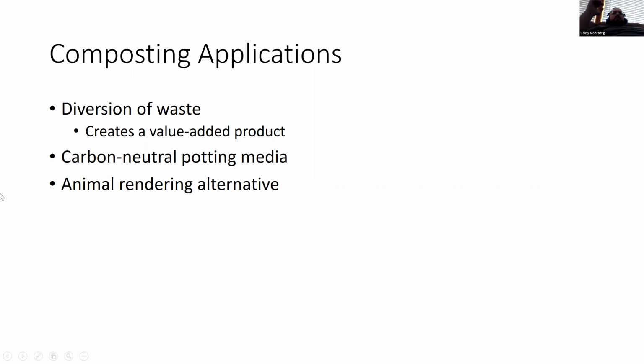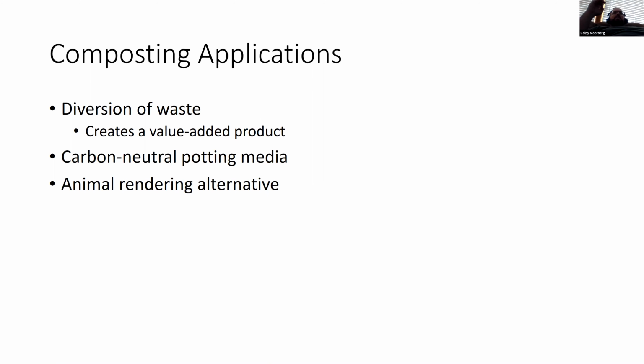Now, from an animal production standpoint, composting has some advantages too. So oftentimes in animal operations there are deaths, and so we have some cattle or hogs or whatever that pass away, and their bodies have to be processed in some way or removed to prevent disease.